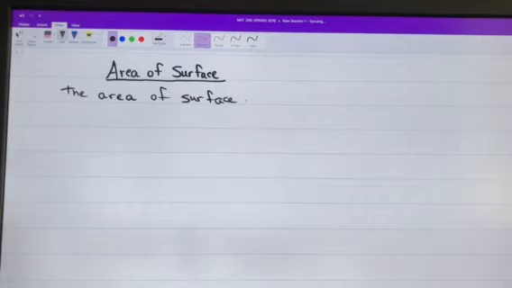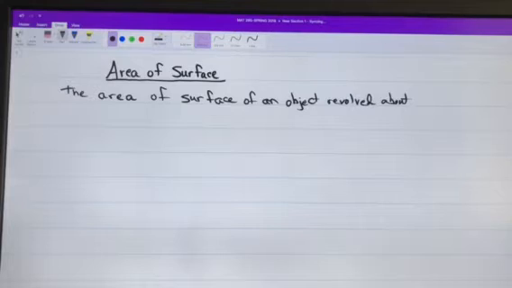So we have the area of surface of an object. So we have, first of all, for an object revolved about the x-axis.